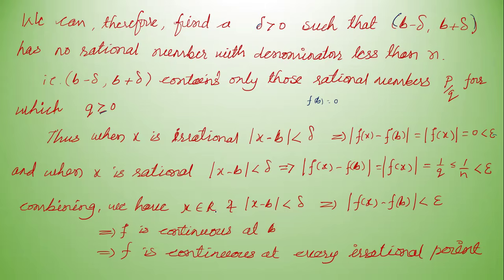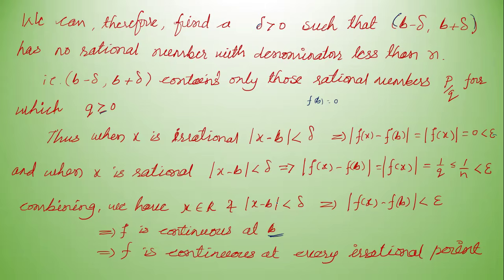Combining, we have x belongs to R and modulus of x minus b less than delta implies modulus of f of x minus f of b less than epsilon. In both cases, we get a value less than epsilon. Therefore, f is continuous at b.